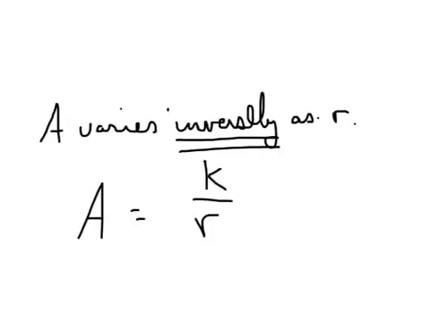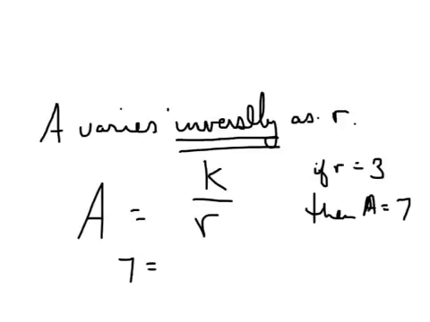Then beyond that, it'll say if R is 3, then A is 7. And what they want you to do is find the constant. So you put 7 in for A, you don't know the constant, you put 3 in for R, and now you solve for k.